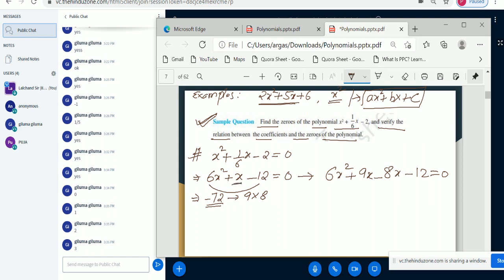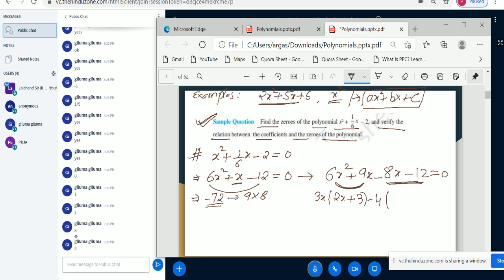By the concept of middle term splitting, if I take common from these terms, what is the common factor from the first two terms? Simply 3x. If I take 3x as common, then 2x plus 3. What is the common factor from these two terms? Minus 4.